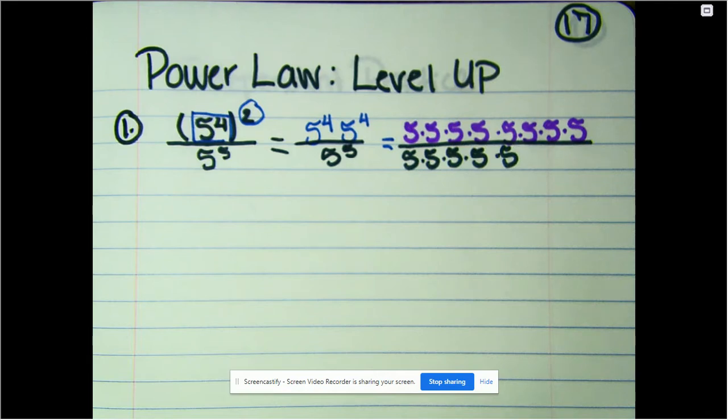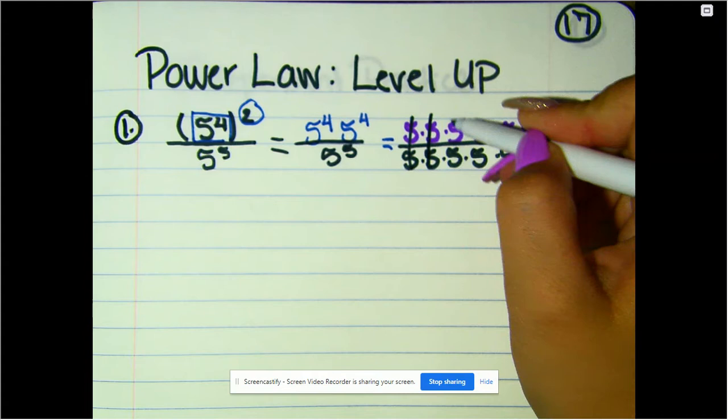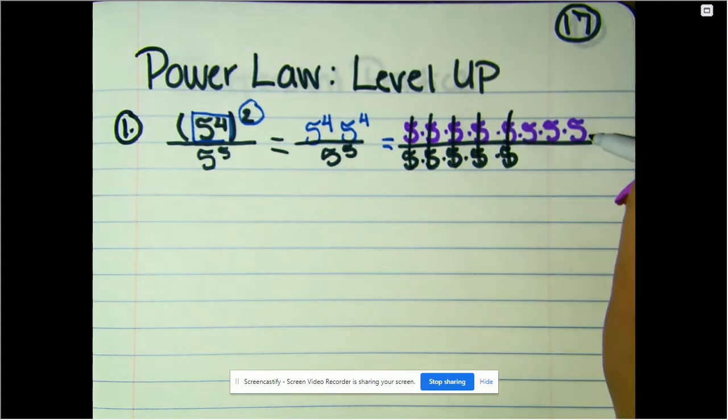Okay, and then from here, you're just going to cancel. 1, 2, 3, 4, 5, and you are left with 5 to the 3rd power.